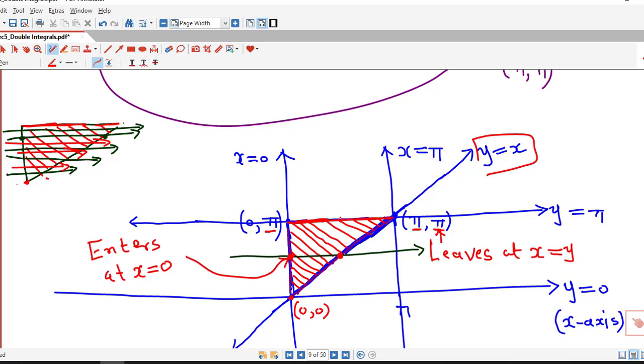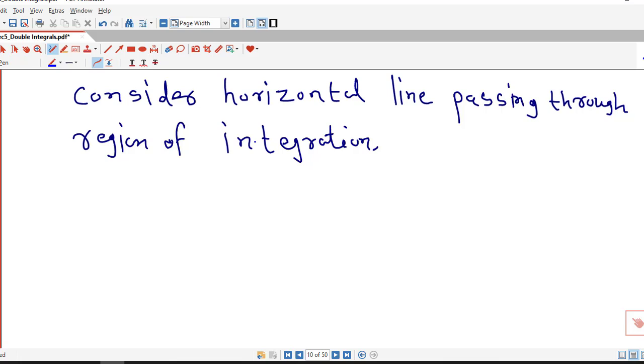So all these are uppermost points of the region and value of y is pi. So at this point value of y is 0, at all these points value of y is pi. So limits of y will be from 0 to pi, and x will be from x equal to 0 to x equal to pi, and this is the region of integration. So now we write down the new limits of integration.